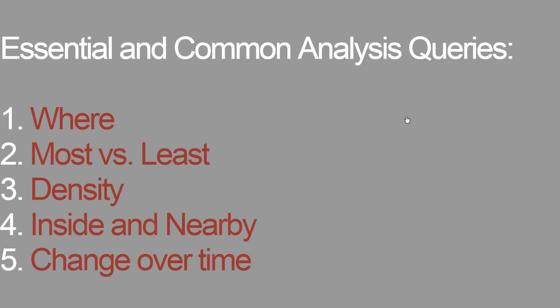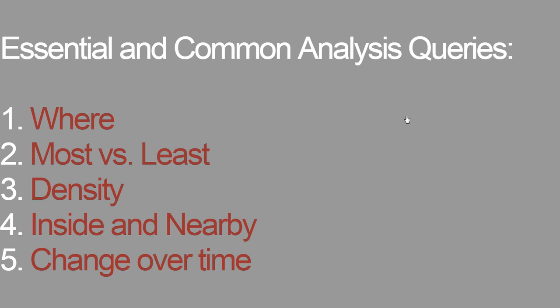When we're doing these analysis steps, we're always trying to do one of 5 things, and these are the classic categories of GIS analysis. So we oftentimes want to know where some type of value is. We want to know the most and the least of something, you know, what's the high, medium, and low of something. We want to know the density, especially with things like crime mapping or, say, contamination in the environment.